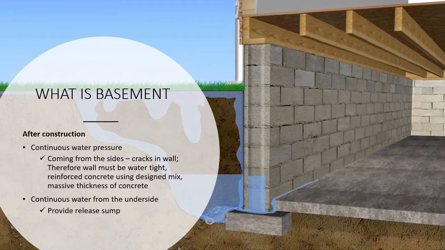When the continuous water pressure is coming from the side, if there are cracks in the wall, jadi kita kena make sure that wall tu watertight and reinforced concrete using design mix yang boleh provide protections against water and massive thickness of concrete. And when there is a continuous water from the other side, we can provide release some longkang lah untuk keluarkan air daripada bawah.